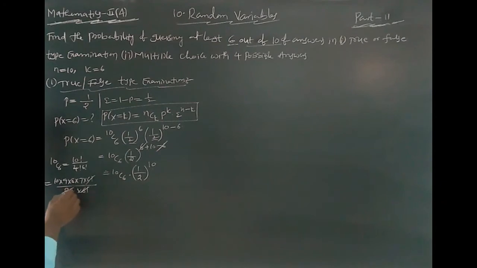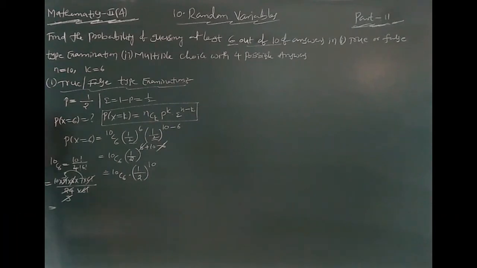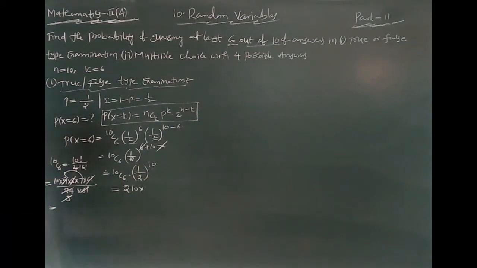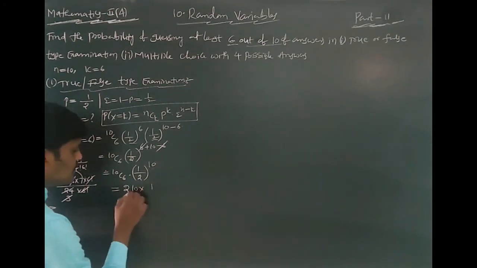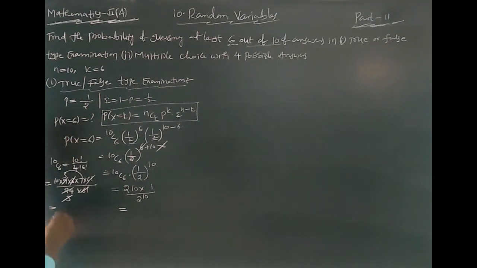Remaining, 24 is 8 ones are 8, 3 ones are 3, 3 threes are 9, 7 threes are 21. 21 into 10 you get 210. 210 into 1 by 2 power 10. 2 power 10 how much? 2 power 5 is 32, 32 into 32. 2 2s are 4, 2 3s are 6, 3 2s are 6, 9, 4, 12, 10.